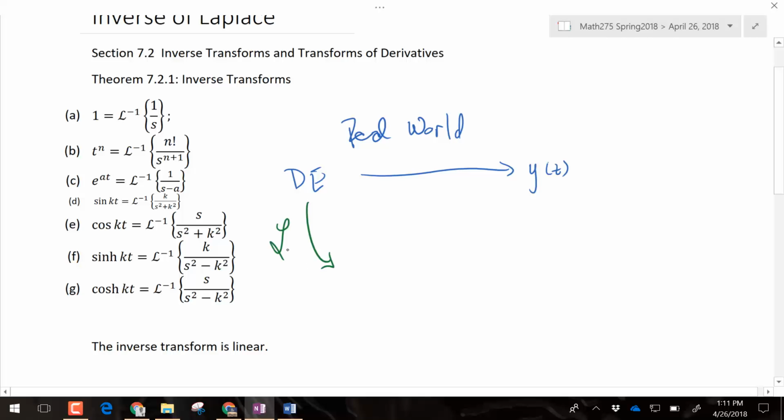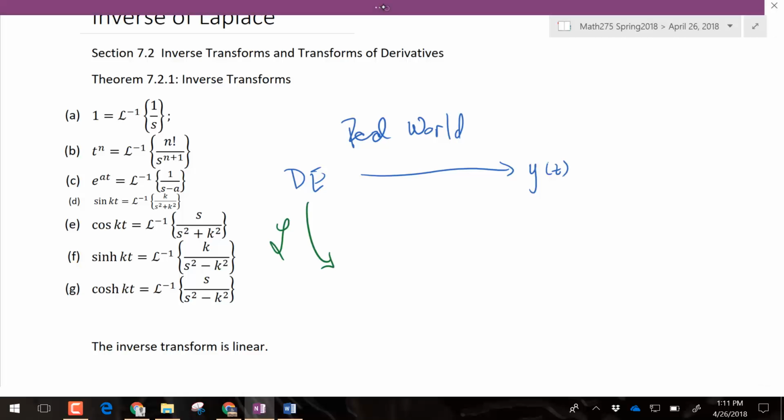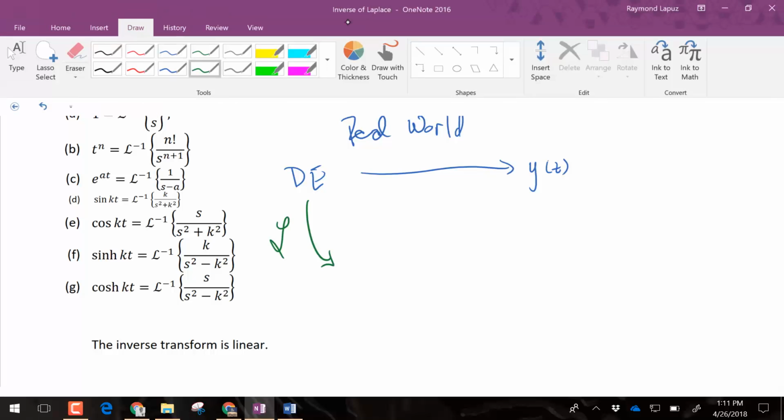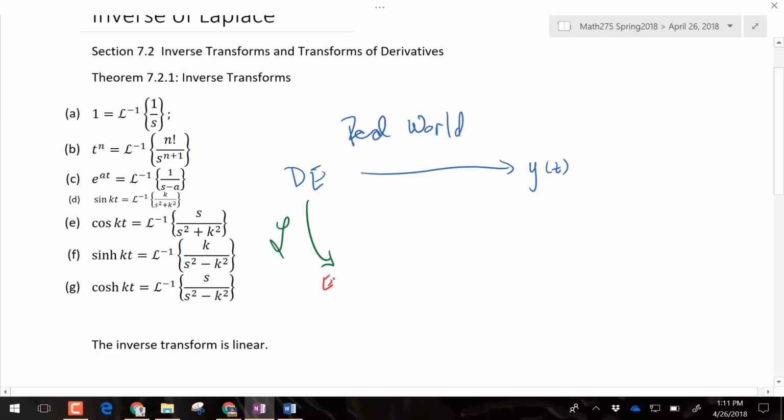And to go into the Laplace world, we need to do this Laplace transform. And then now, instead of a regular differential equation, you would have just an equation, where you do some algebra.